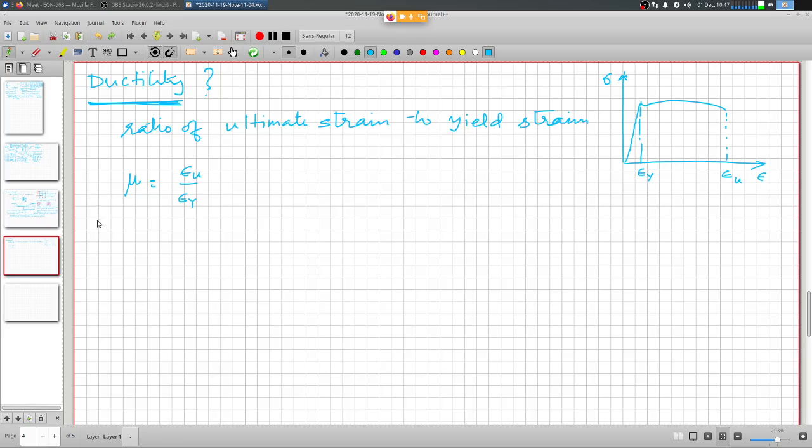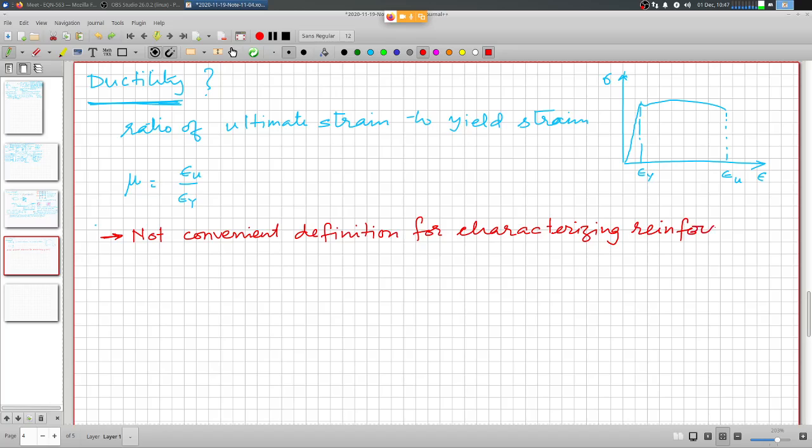I would say it is not a convenient definition for characterizing reinforced concrete sections.